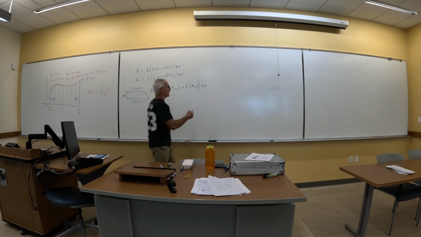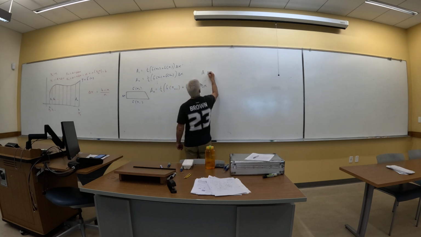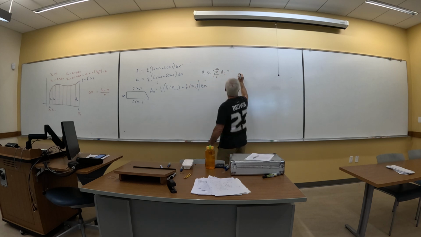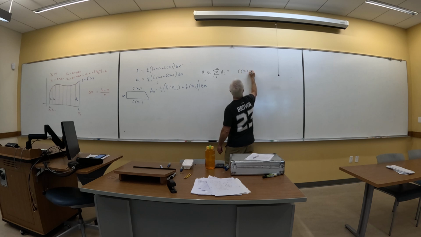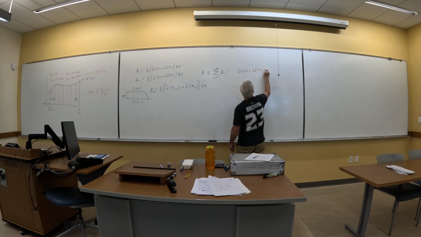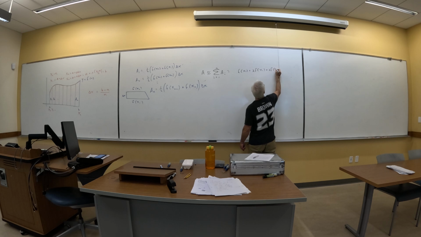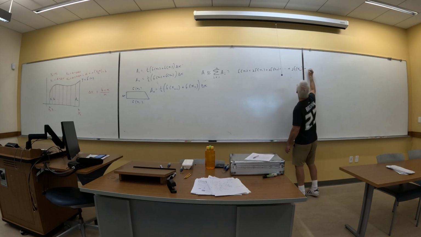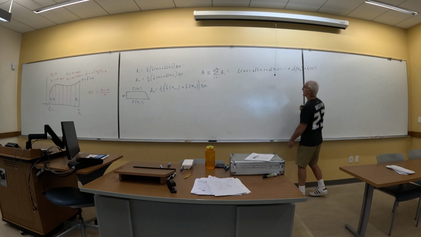If I add all these up, I can say if I add up all the f of x's, I'm going to have f of x0, and you just said I'm going to have 2 times the next one, and 2 times the one after that, all the way down to the second to last one, and then only 1 times the last one.